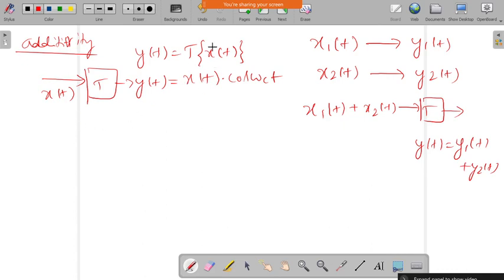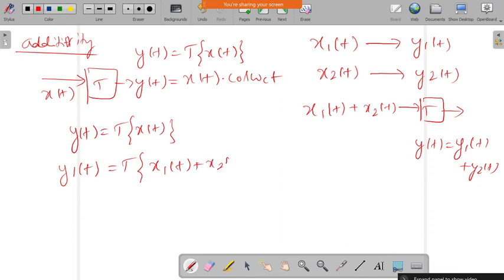So let us take the equation y of t equals T of x of t. Now I change the input to x1 of t plus x2 of t. Let us take the output as yz of t, because x1 of t produces y1 of t and x2 of t produces y2 of t, so I will use some other notation. Wherever x of t is there, I replace it with x1 of t plus x2 of t.